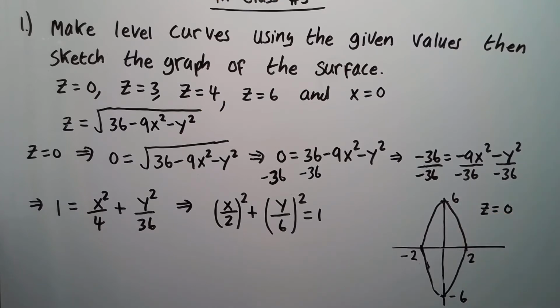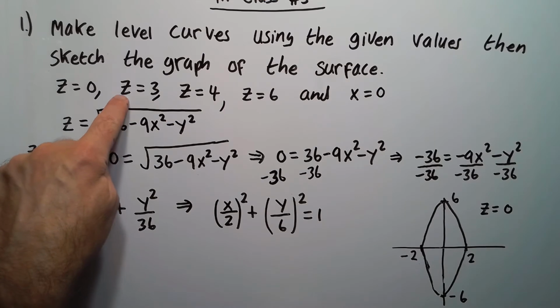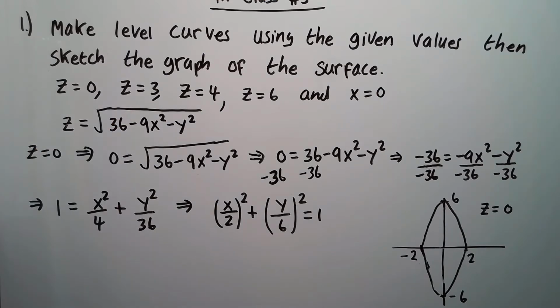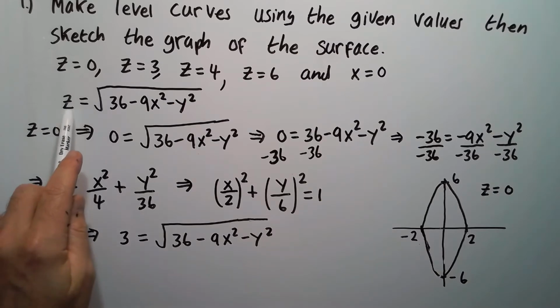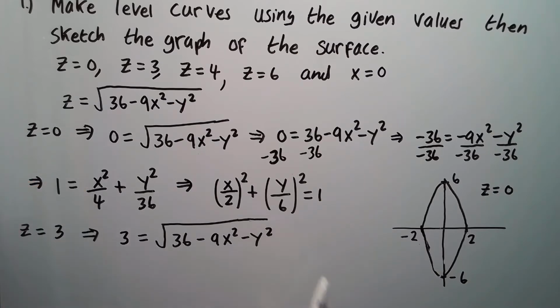Okay, let's do next z equals 3. So we're putting 3 in place of z here. So let's square both sides. So we get 3 squared, and the square root goes away here. Then let's subtract 36 on both sides.